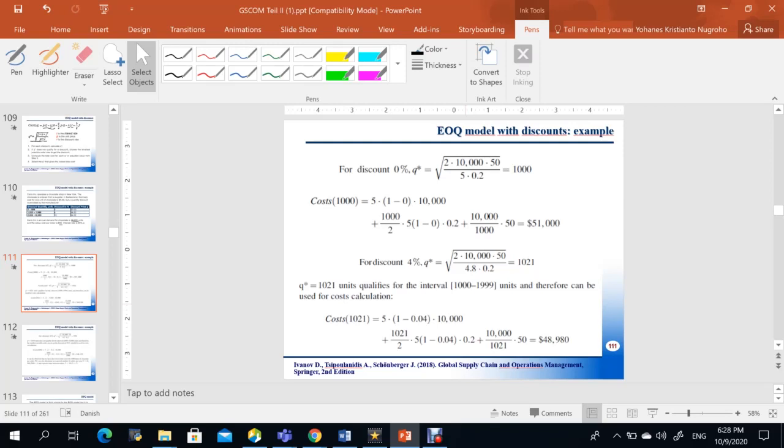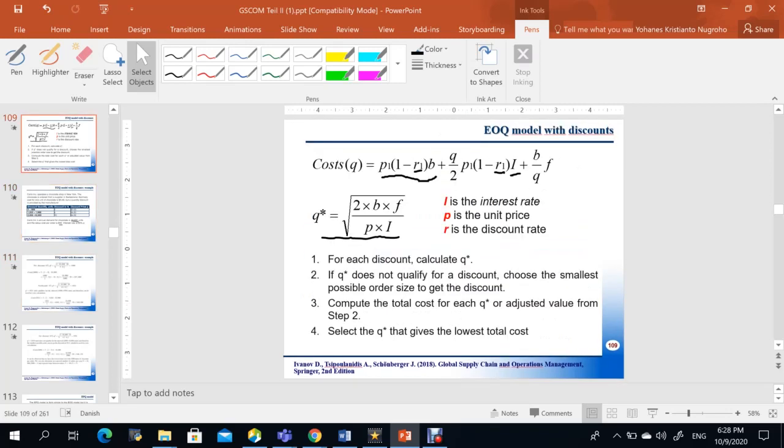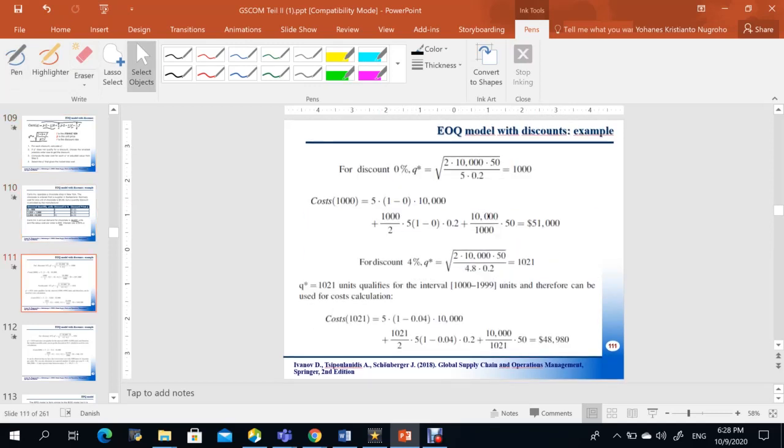For the total cost of ordering without discount, we put our Q star into the total cost equation. And then we have $51,000 as the total cost, right?